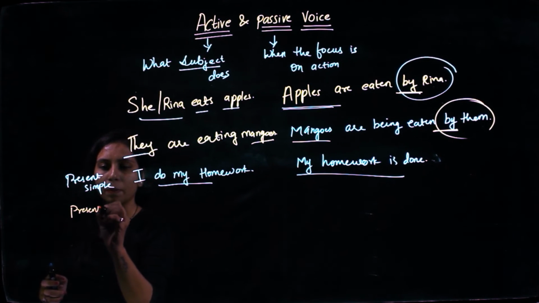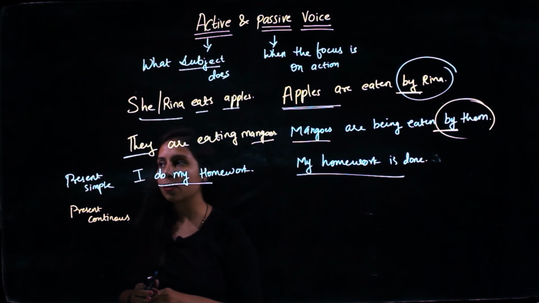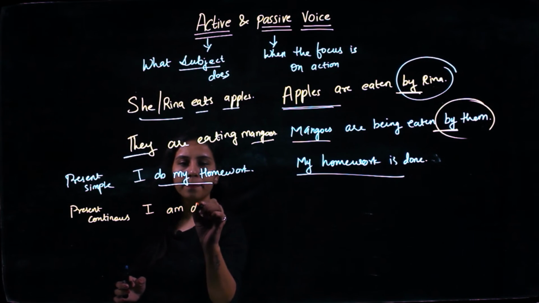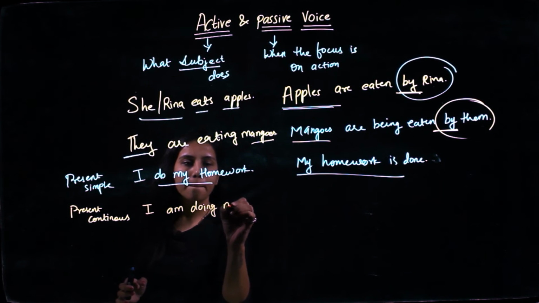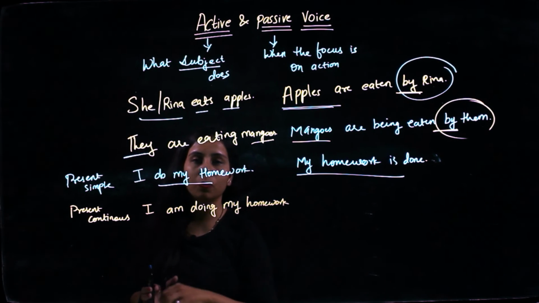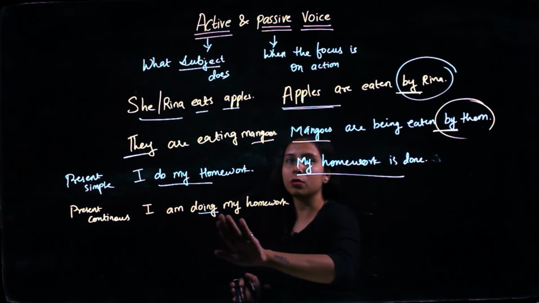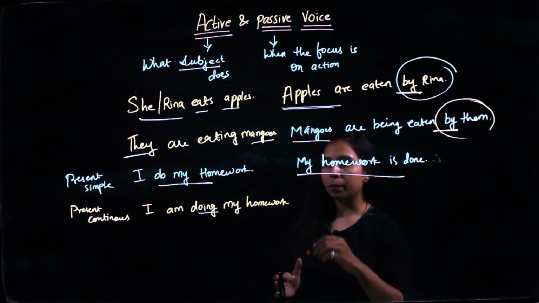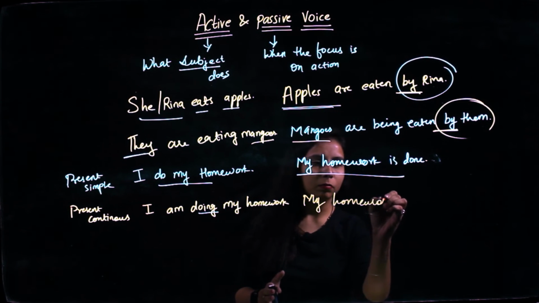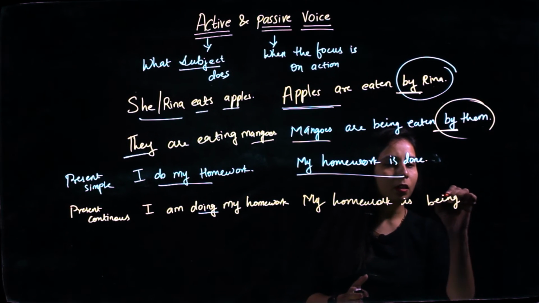The second scenario I would talk about is present continuous. We did talk about the tenses. In present continuous, I am going to say, I am doing my homework. If you remember, we add ing whenever it is continuous tense. So for present continuous: I am doing my homework. My homework is being done.